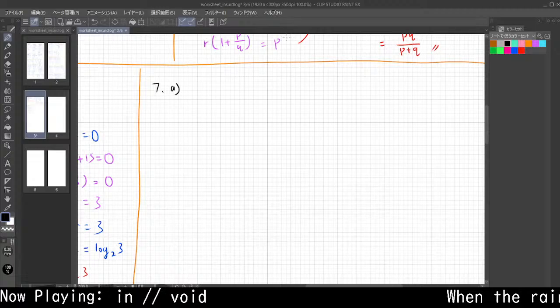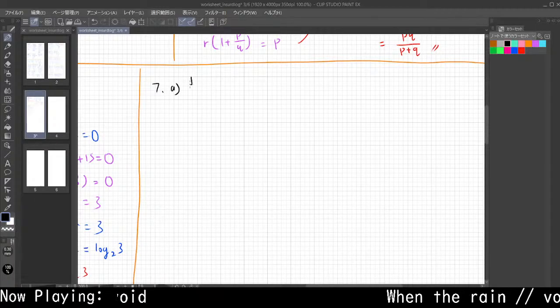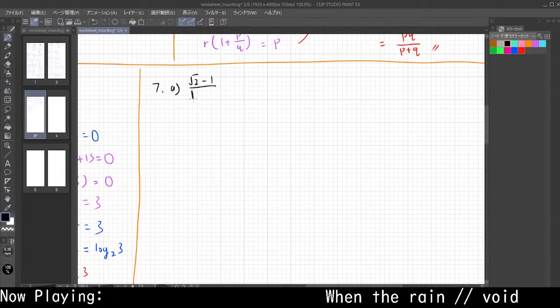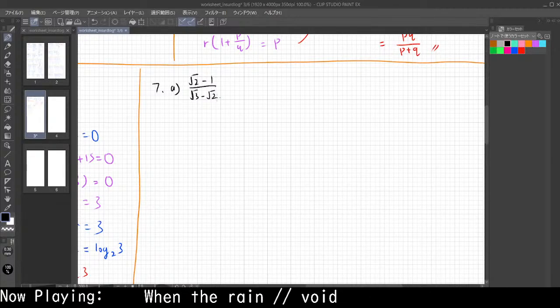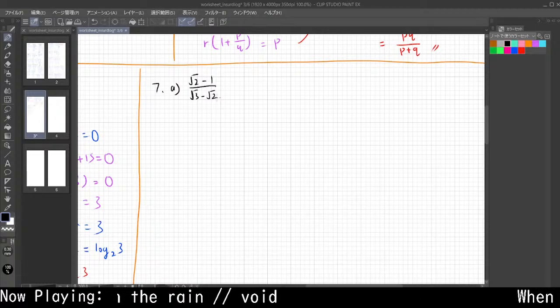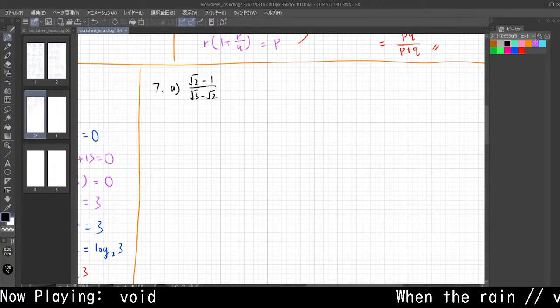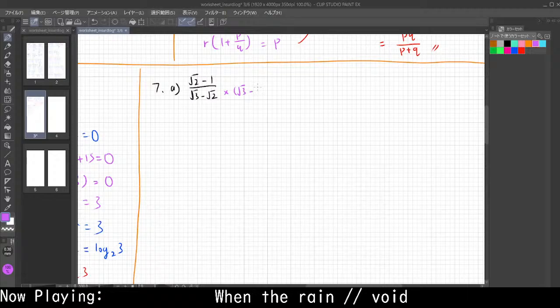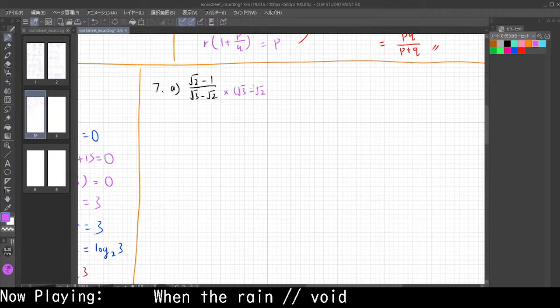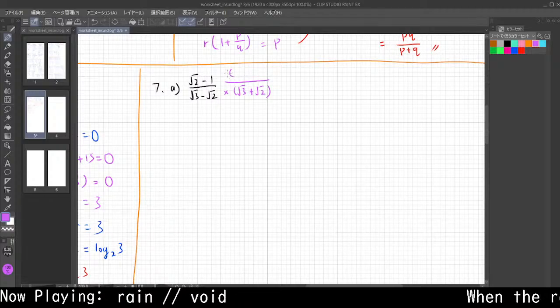For example, in this case, I have square root 2 minus 1 over square root 3 minus square root 2. The easiest way to impose squares is to multiply by the same thing at the bottom but changing the sign: minus with plus, plus with minus.